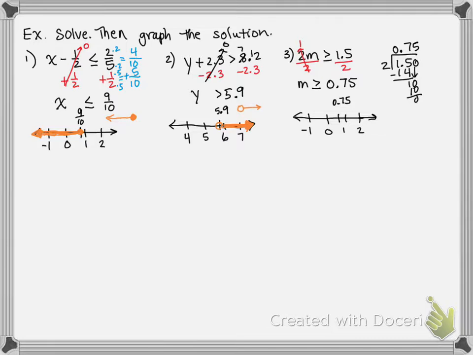Greater than or equal to, so it's going to be closed because 75 hundredths is a solution, and then I'm going to color to the right for greater than. So closed circle at 0.75, and I color to the right for greater than.